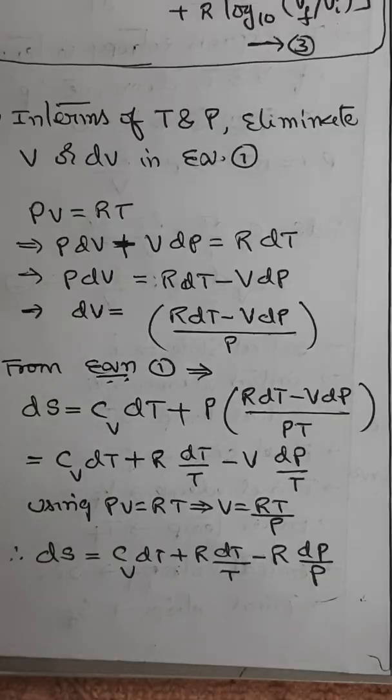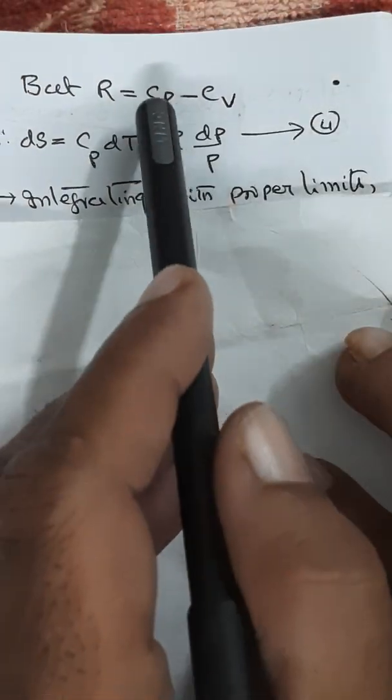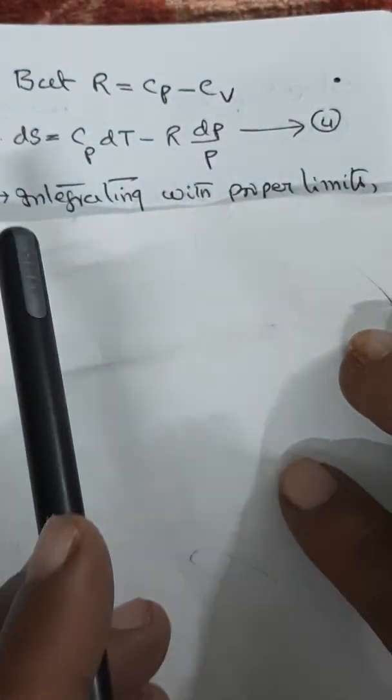Now, using Mayer's relation Cp minus Cv equal to R, we can simplify dS as Cp dT by T minus R dP by P.